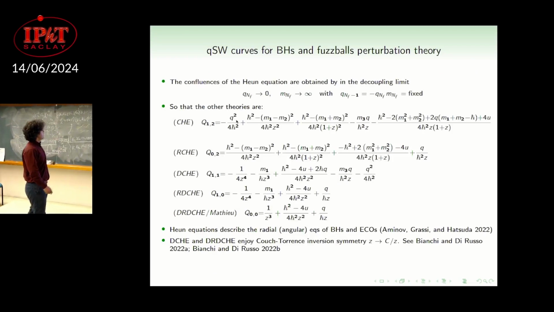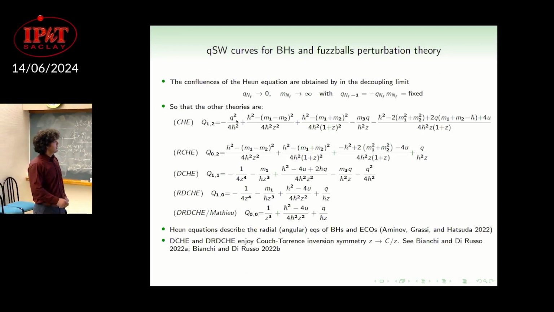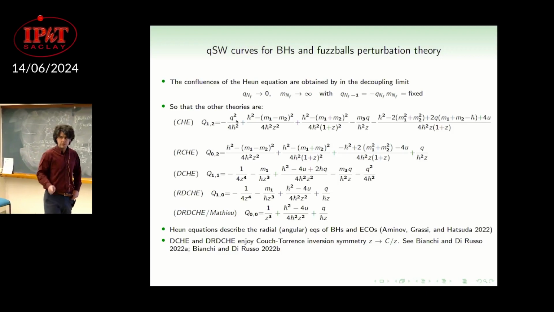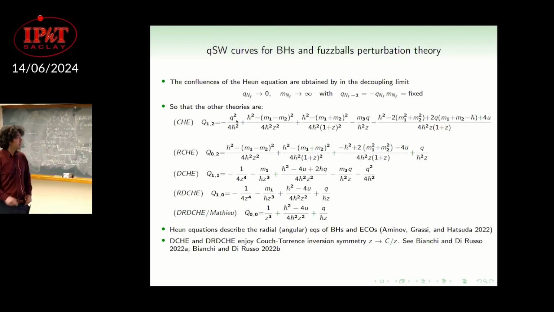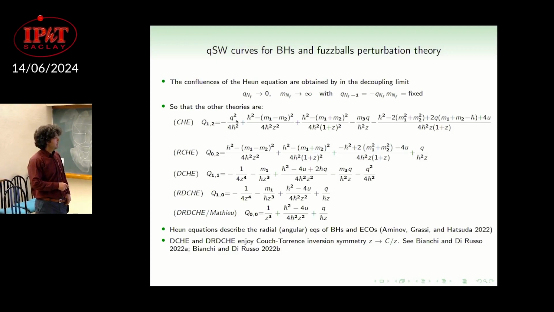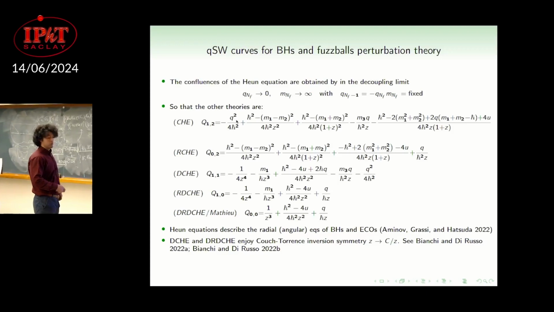So these are all the confluences of the Heun equation. And let me just for 10 seconds focus my attention on these 2 cases: the doubly confluent Heun equation and the doubly reduced doubly confluent Heun equation, or Mathieu. Usually mathematicians call this the Mathieu equation.